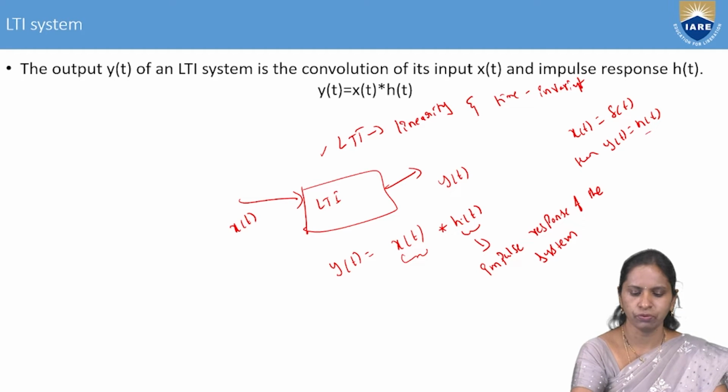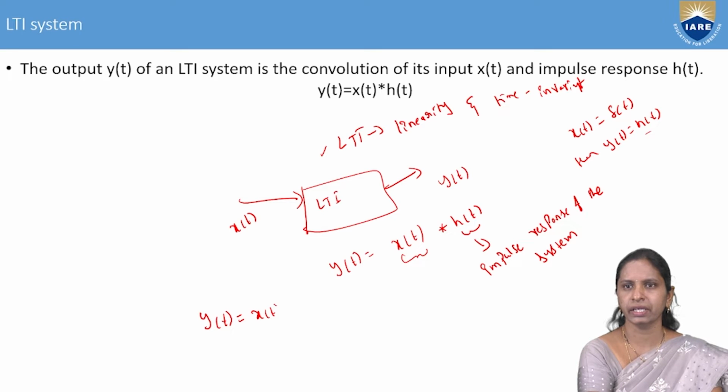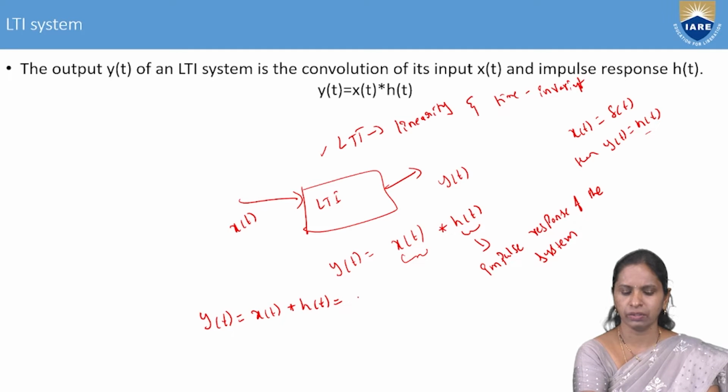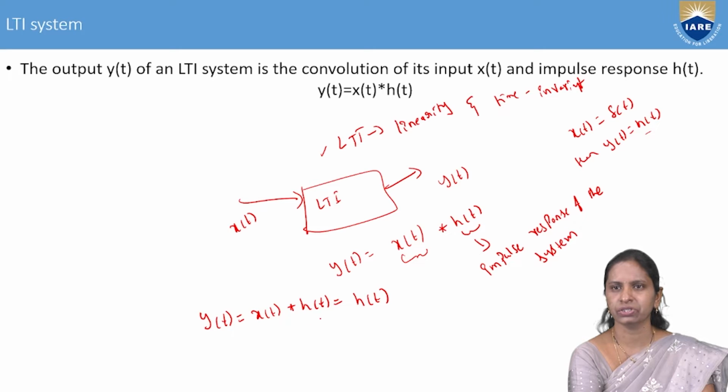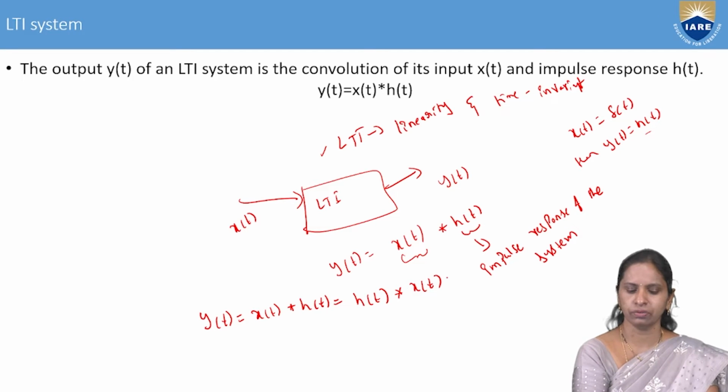Now, what is the formula for the convolution in the case of continuous time signals? Convolution satisfies the commutative law. It means x of t convolution h of t is equal to h of t convolution x of t.